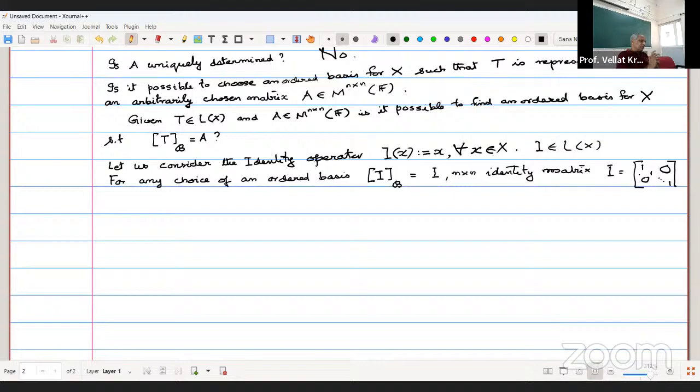Thus any matrix other than I cannot represent the identity operator.